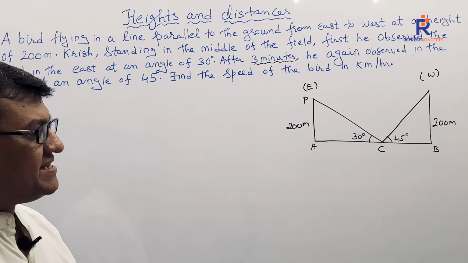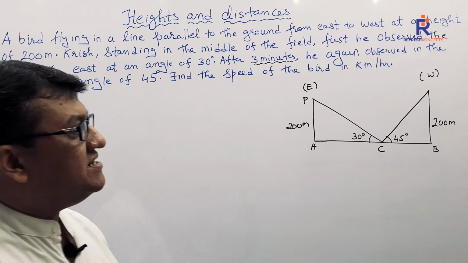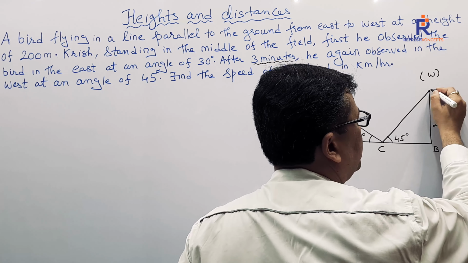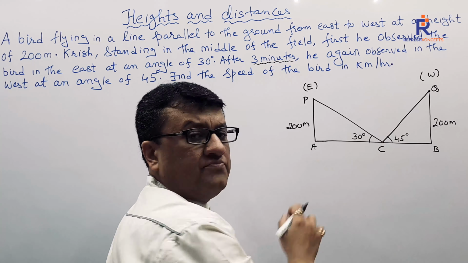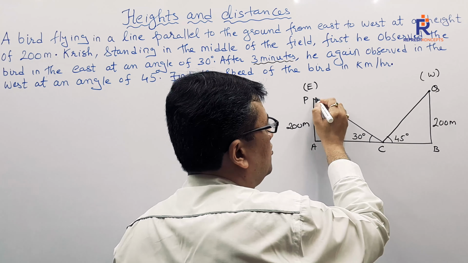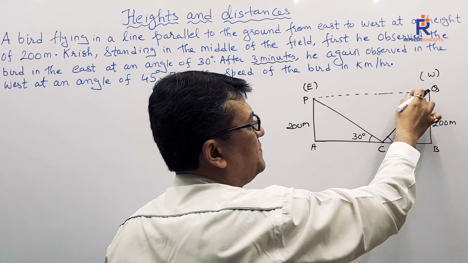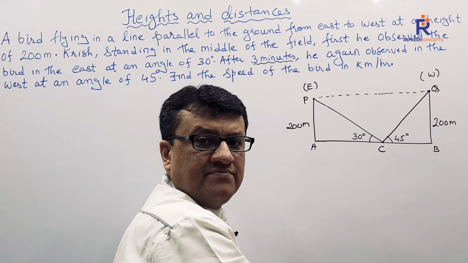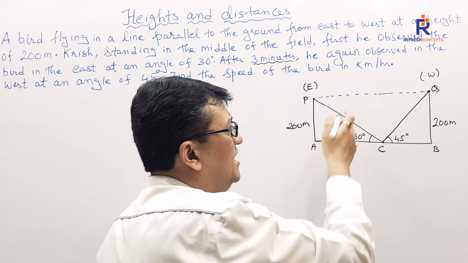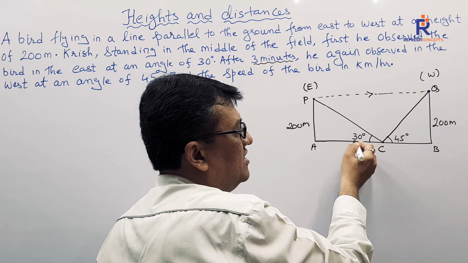Now what do I see? Don't you think the bird has traveled a distance from P to Q, Q being the second position? If you want, you can show distance PQ in a dotted line. Distance PQ is as good as distance AB. Why? Because the bird was flying parallel to the ground.